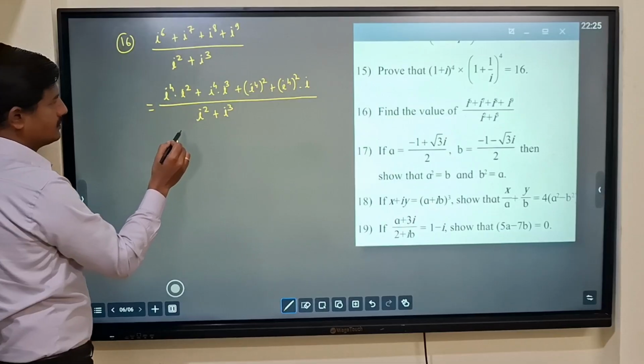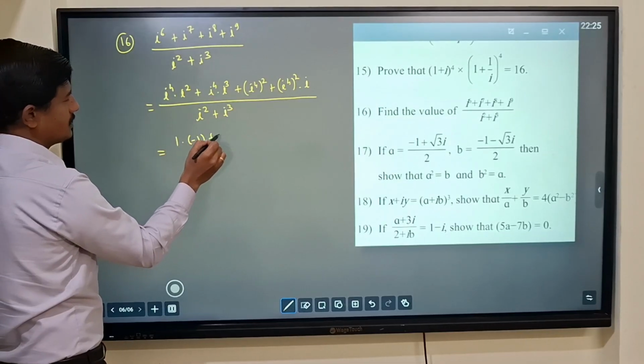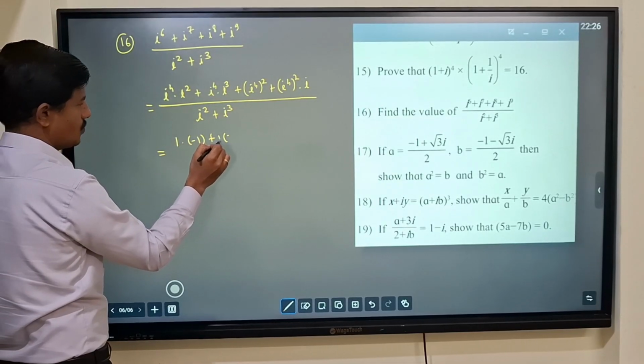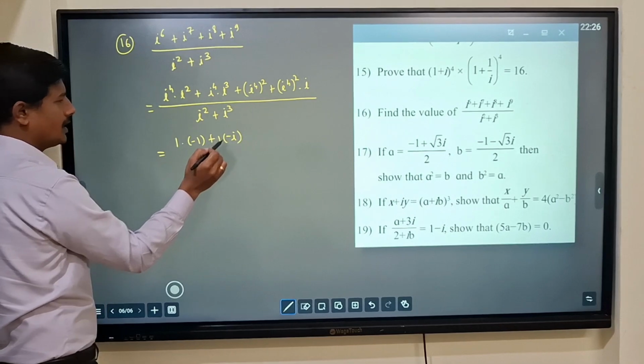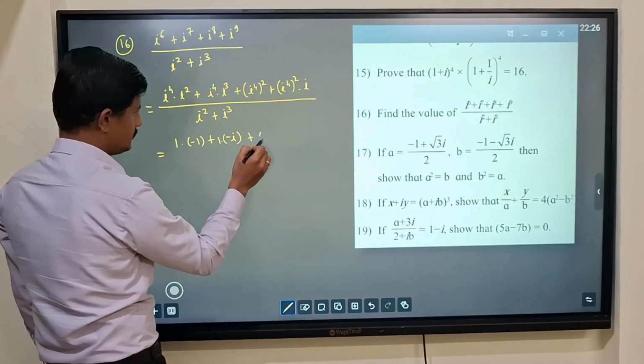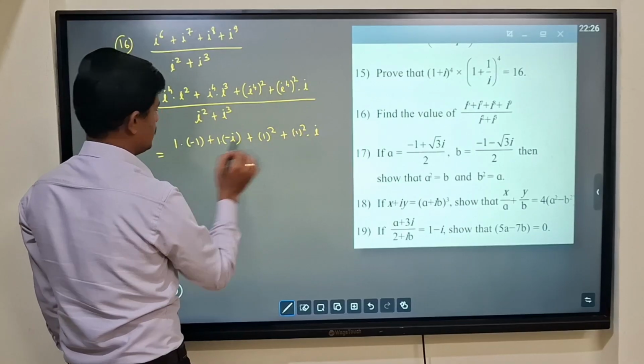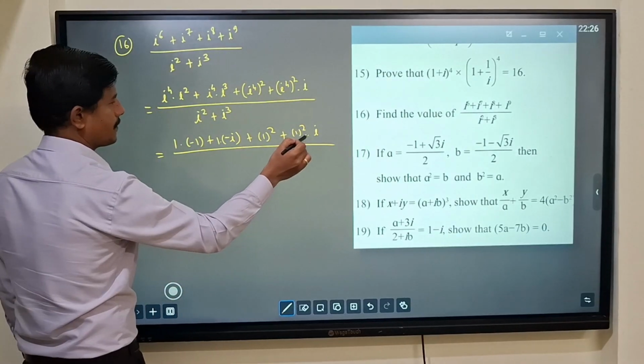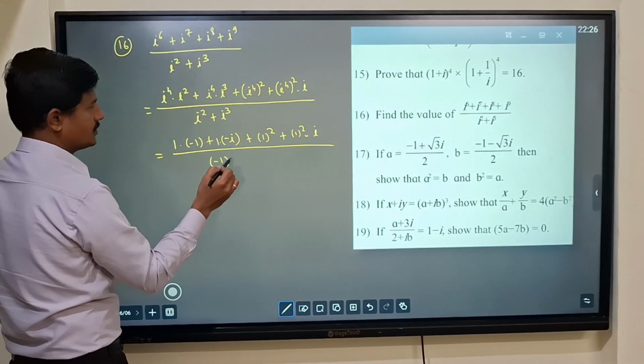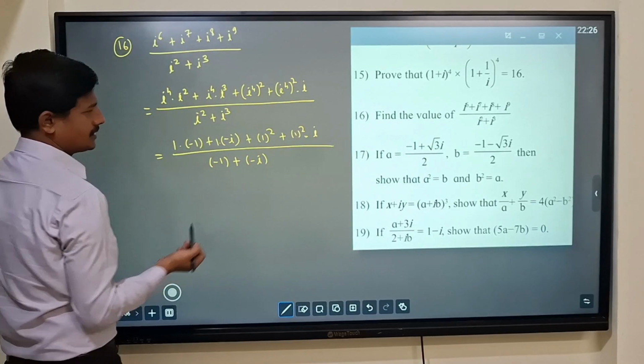So i raised to 4 is 1 into i square is minus 1, plus here is a 1 into i cube is a minus i, plus 1 square plus 1 square into i, upon i square is a minus 1 plus i cube is a minus i.